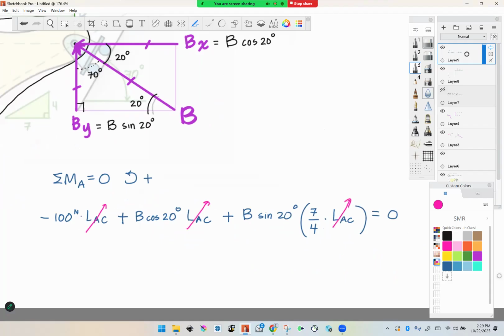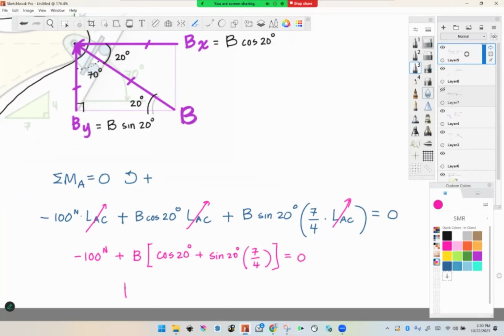That's nice. So now I've got minus 100 newtons plus B, factor out, cosine 20 degrees plus sine 20 degrees times 7/4 equals 0.